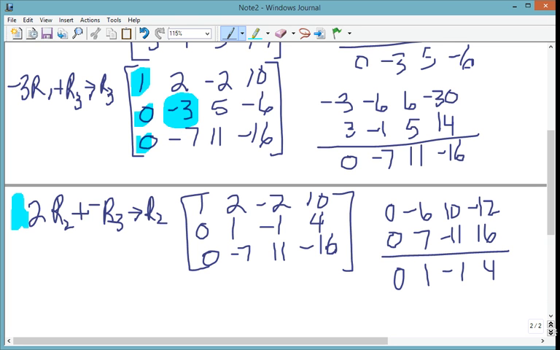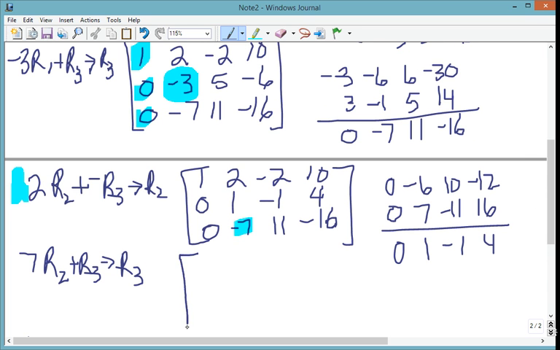Now I want to get this to be a 0. Now that I have a 1 in this spot, that makes it pretty easy to always get that next one a 0. I'm just going to times row 2 by 7. 7 times row 2, add it to row 3. That'll be my new row 3. Okay, so row 3 is the only one that's changing.